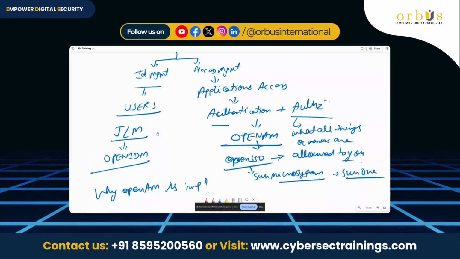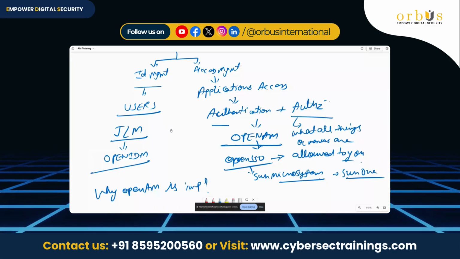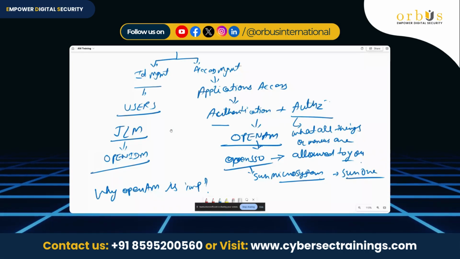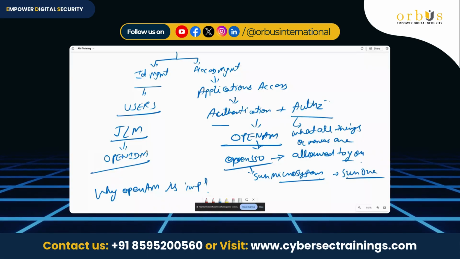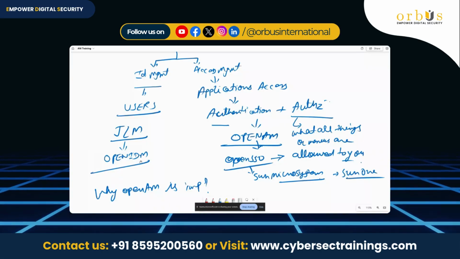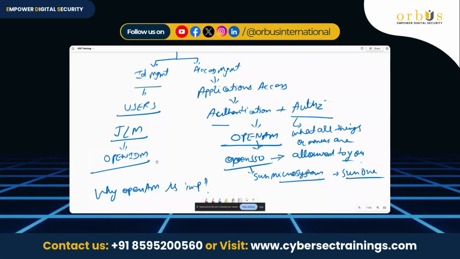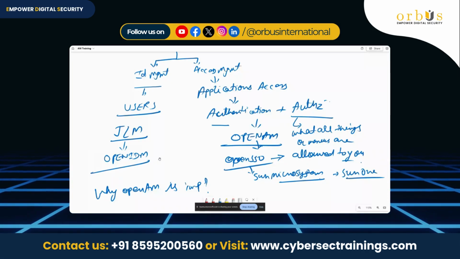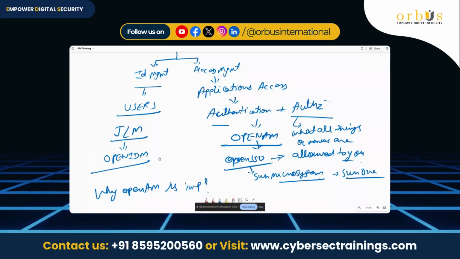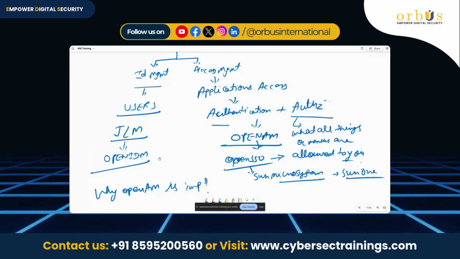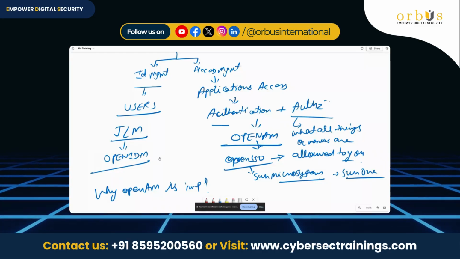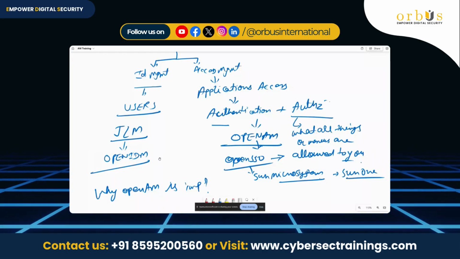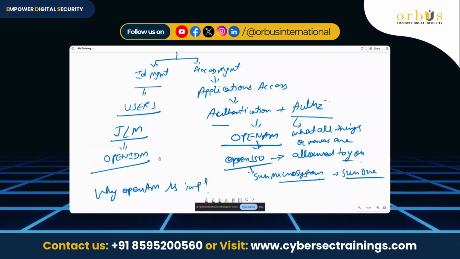Good question. If you say complete user lifecycle management, that will happen only in OpenIDM. In OpenAM, when we do the setup and the app integration, OpenAM will also have the users available in it.